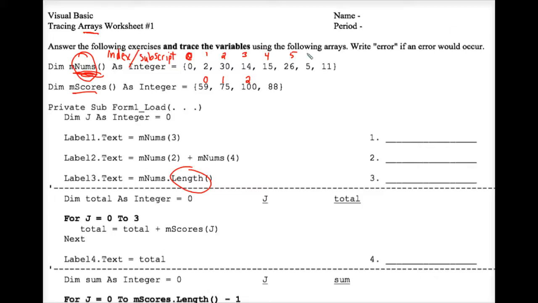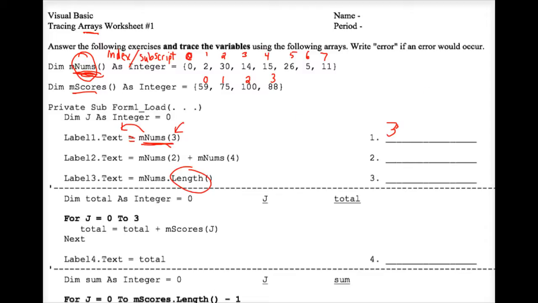In exercise number 1, we have a label named label1, and you're supposed to tell me what number prints out in this label. Well, let's trace the code. This is an assignment statement. It works from right to left. So whatever number this is equal to, that number plugs into the label and therefore shows up here. Well, don't answer 3. It's not simply the number that's in the parentheses.